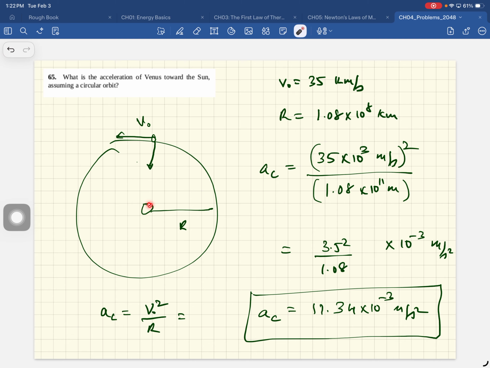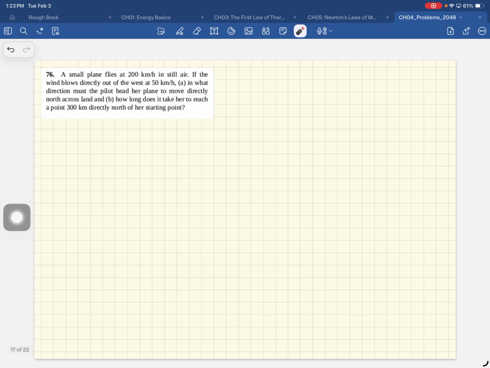And so what you want is, for the x component of the velocity of the plane with respect to ground, you need that to be 0. Okay, so 0 should equal the x component of this plus the x component of that.